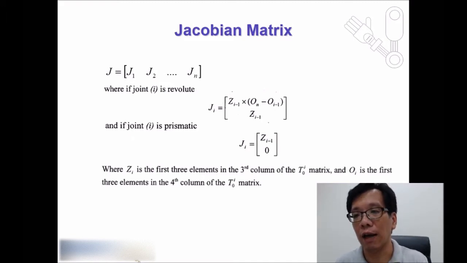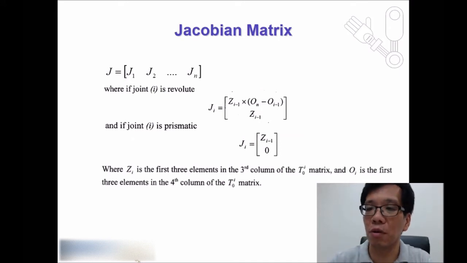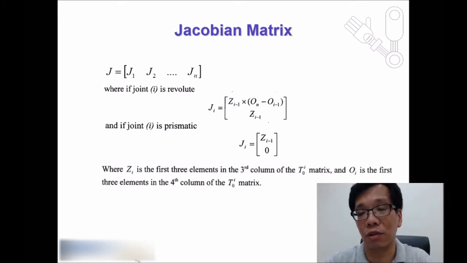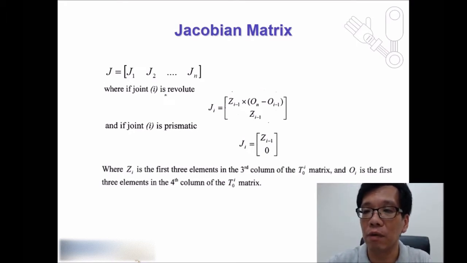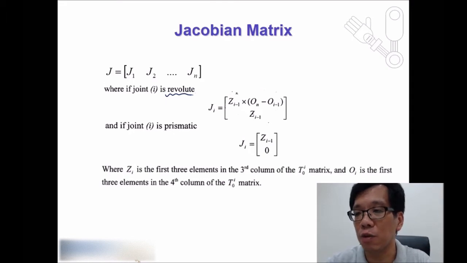Those two equations are actually the formulas we are going to use in the rest of this module. If we have a Revolute joint, then the first one, just like what I said, you would need to have the change of position, On minus Oi minus n.